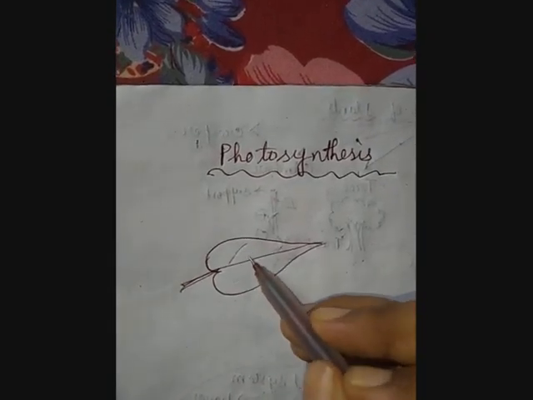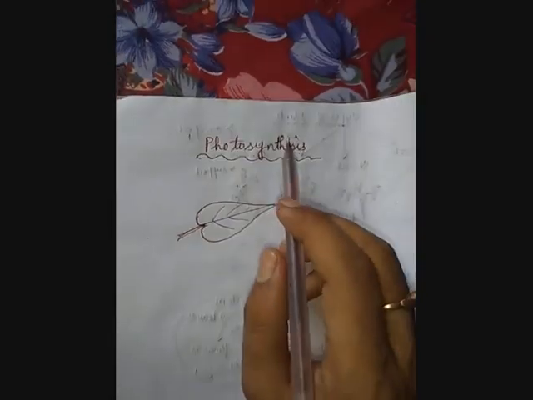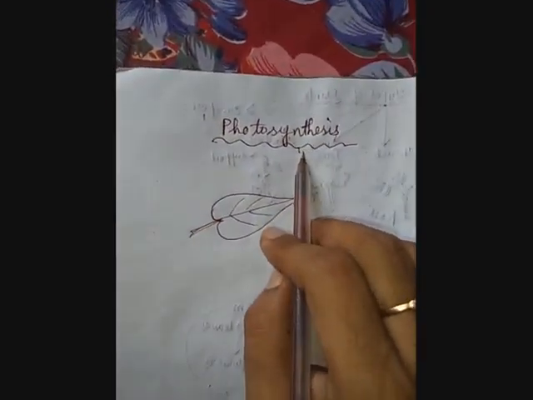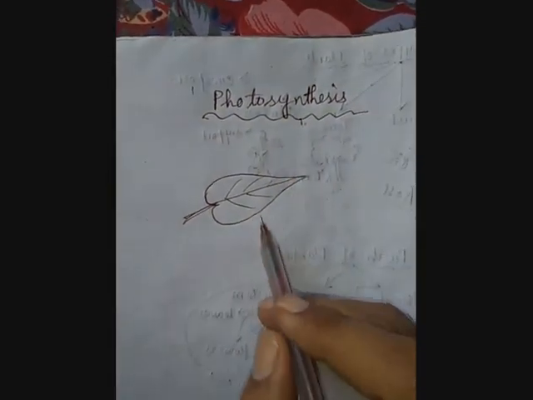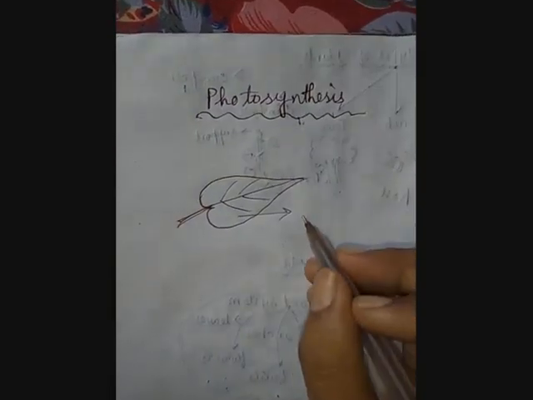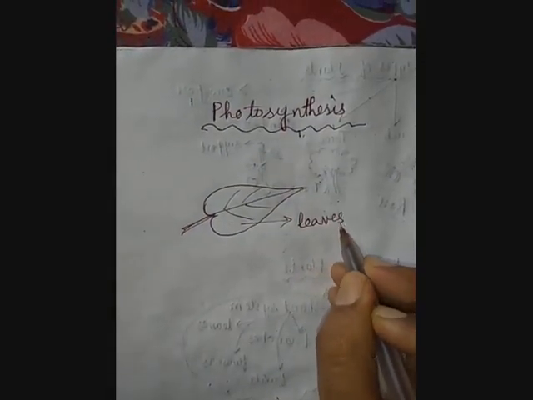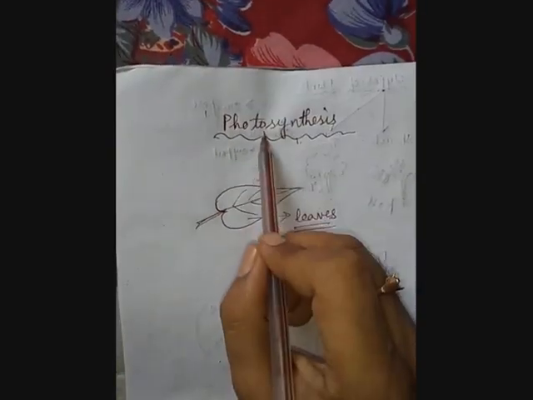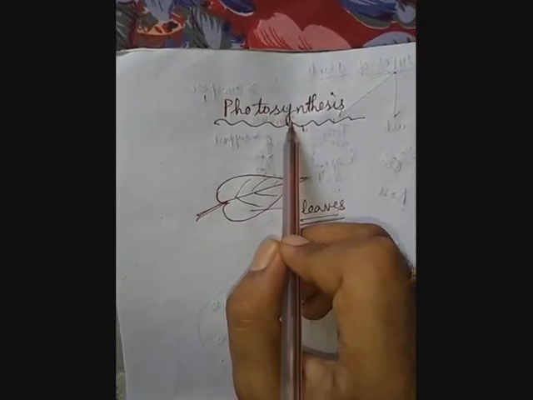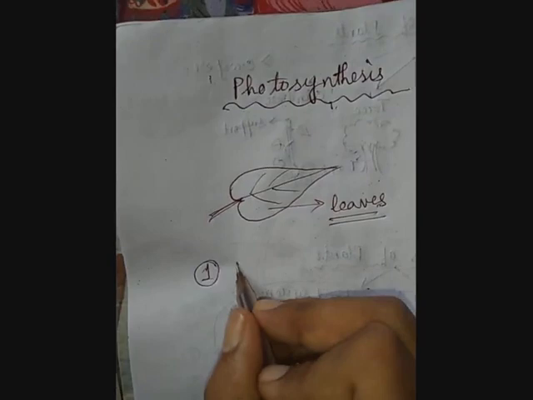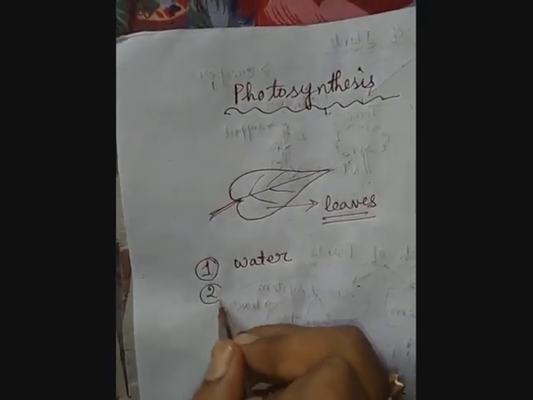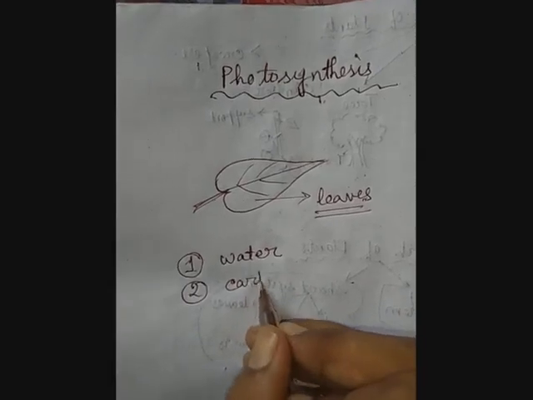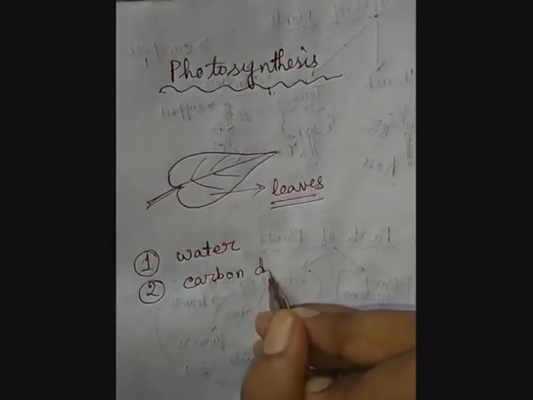Now let's discuss the process of photosynthesis. Photosynthesis means the process by which green plants make their food, and the food is mainly prepared in the leaves. But for the photosynthesis process, some materials are required. Number one is water. Number two is carbon dioxide gas.